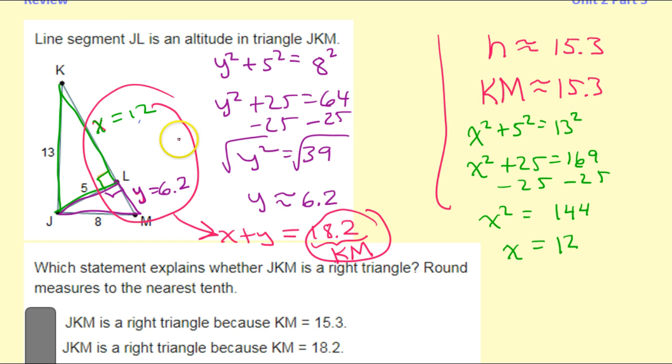If the large triangle was a right triangle, then it would have had a length of 15.3 because of the Pythagorean theorem. But we just found out that the actual length is 18.2. So that means it is not a right triangle.